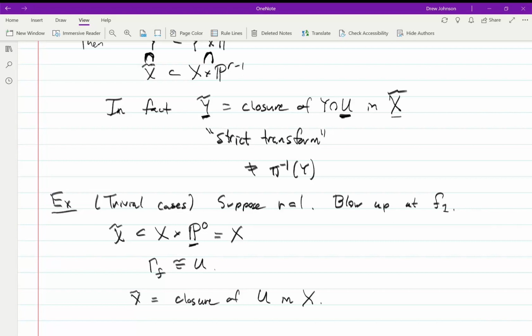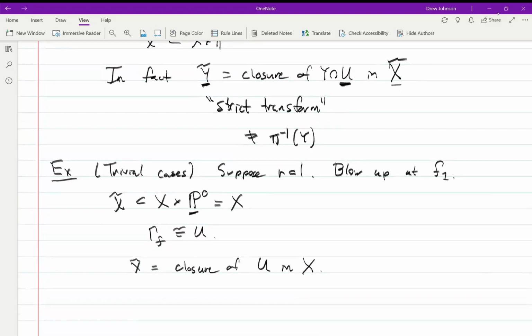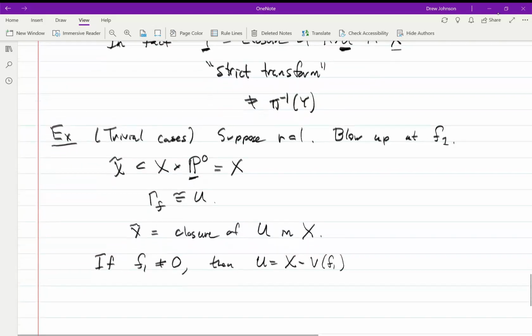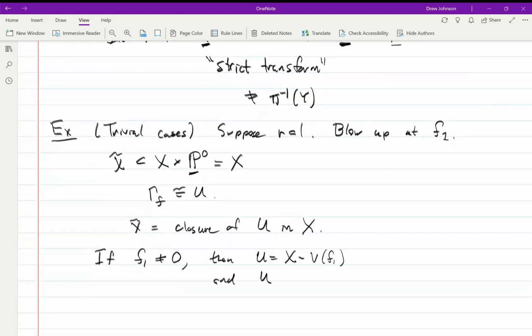Okay, and remember, u is the complement of the vanishing locus of f1. So if f1 is not equal to 0, then u equals x minus the vanishing of f1, and the closure of u is just equal to x. So the blow up is just isomorphic to the original space.